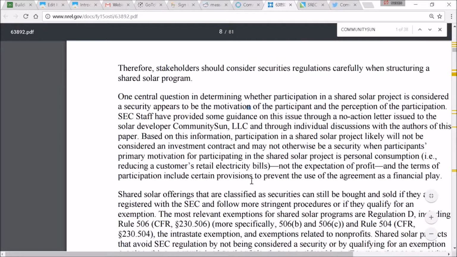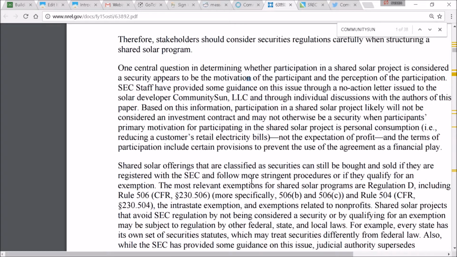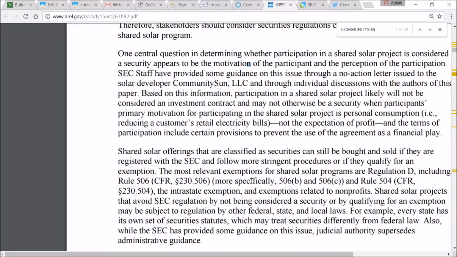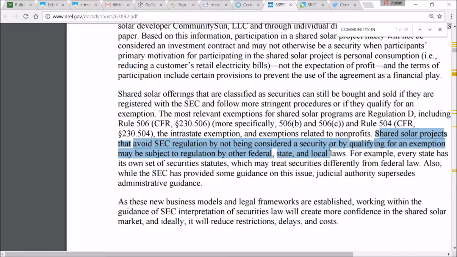And there's some rules and regulations here, but ironically, what it said is community solar projects avoid SEC regulation because they are not considered a security.